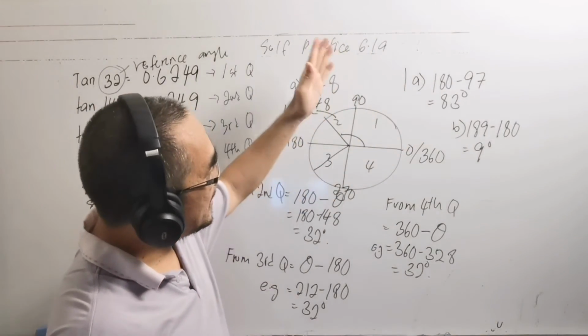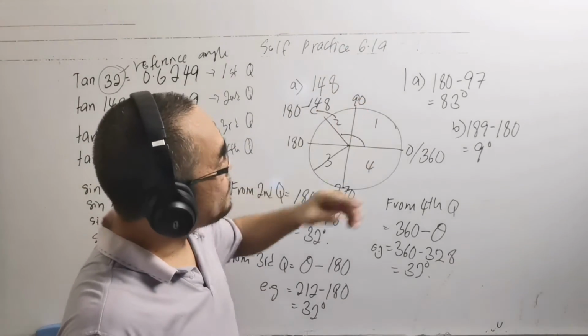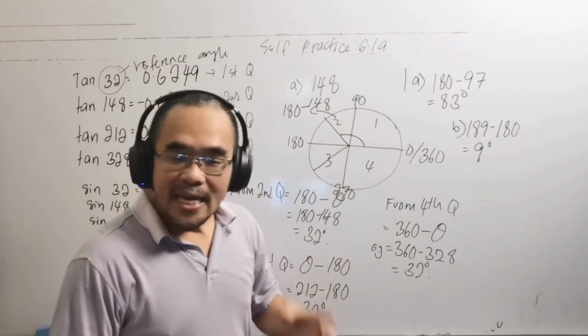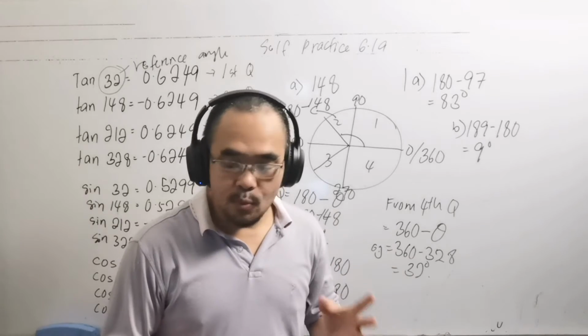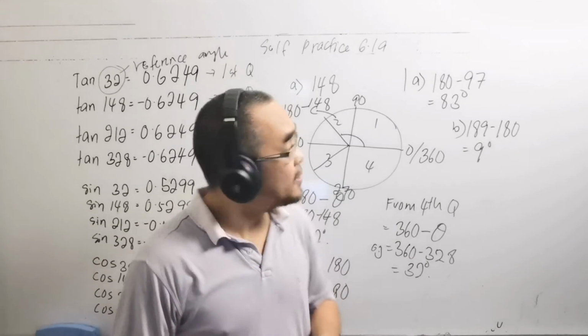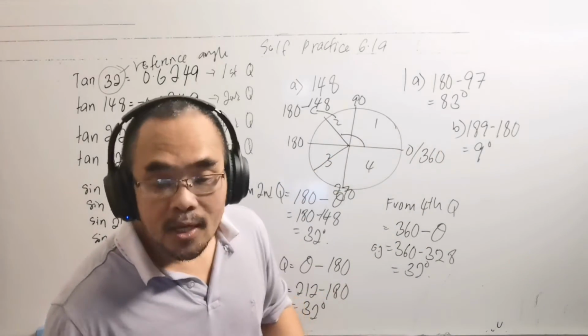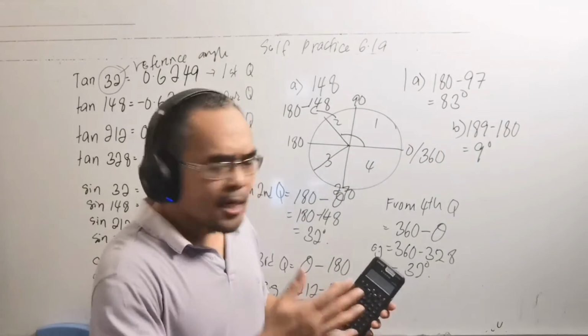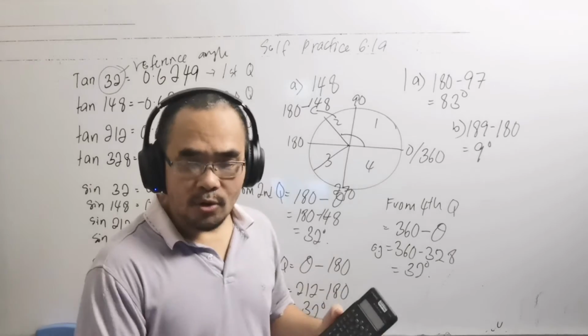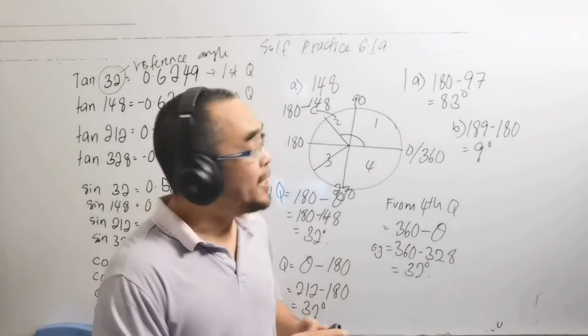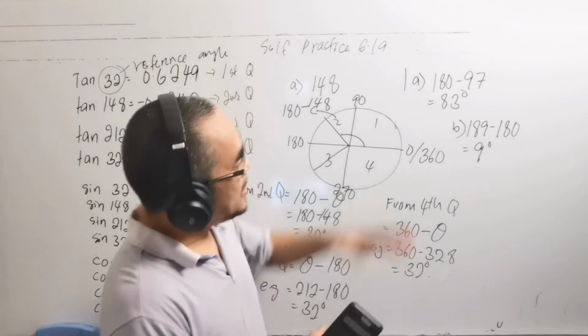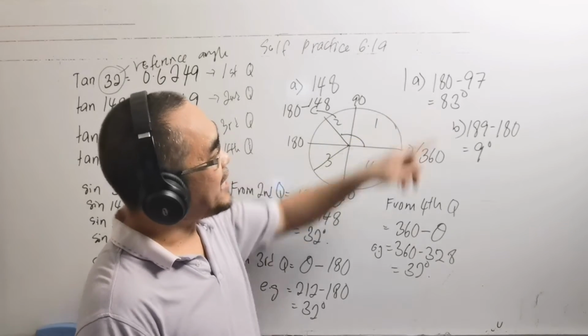Let me show you again question number 1A. 97 degrees is related to what angle in the first quadrant? It is related to 83 degrees. In what way? Press the calculator, either sin, tan, or cos, but you pick one only. For example, you use tangent. Look at tangent 83.